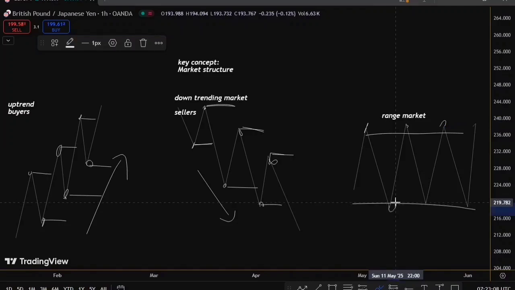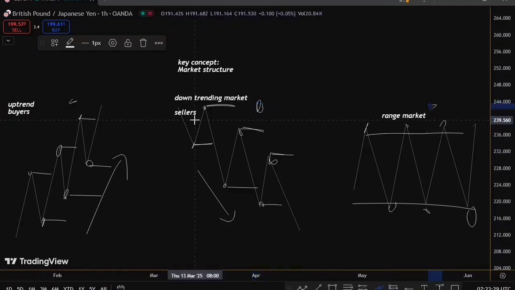So this is the basic three markets we have: an uptrending market, a downtrending market, and a range market. An uptrend is for buyers, a downtrend is a selling market, and a ranging market is just a static market where both buyers and sellers are playing off simple levels.